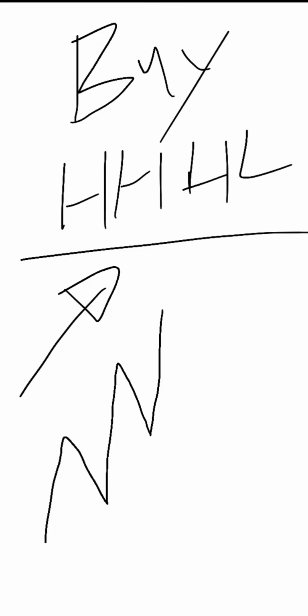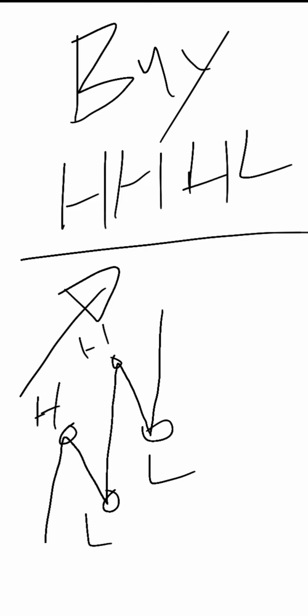High meaning this top of the mountain, meaning this is a high. And this is a high, correct? And this will be the low. And this will be low. Correct? So the high getting higher, meaning higher high. Okay, the low getting higher, meaning higher low.